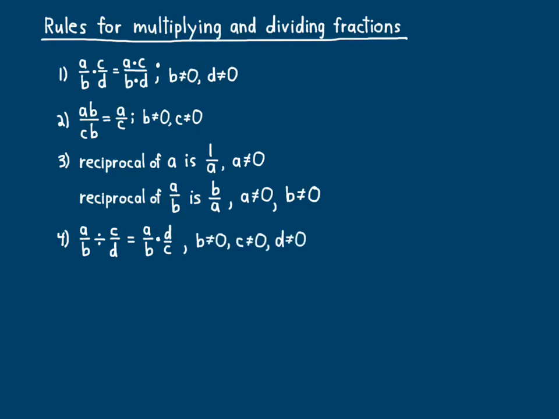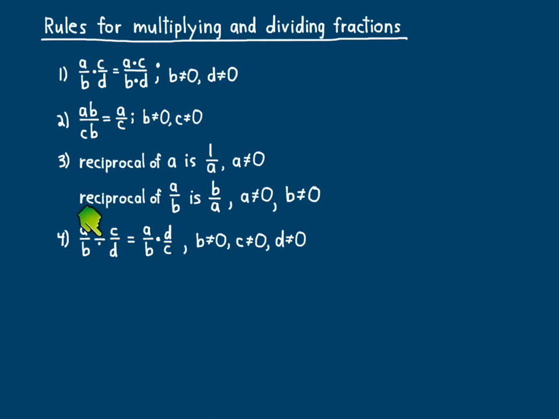a over b divided by c over d equals a over b times d over c. So the way you divide two fractions is you flip the one that's being divided by, the second one, the one after the division sign, always. So you do the reciprocal of that.